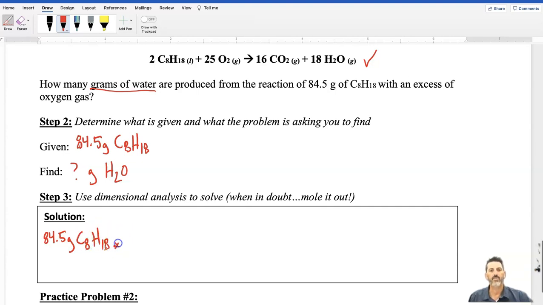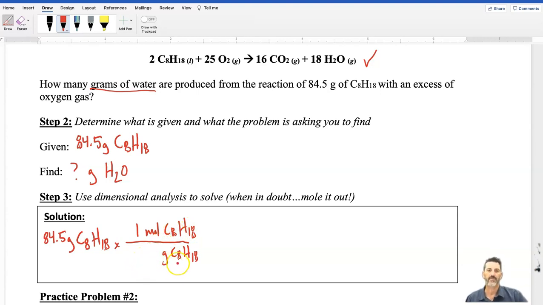Okay, now here's the new part. We need to convert to moles because our recipe is in moles. So I'm going to put grams of C8H18, just like we did before. We're just going to start with the units. I want to convert that to moles. So I'm going to convert it to moles of C8H18. And I know that 1 mole of anything on the periodic table equals the molar mass.